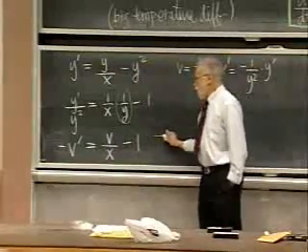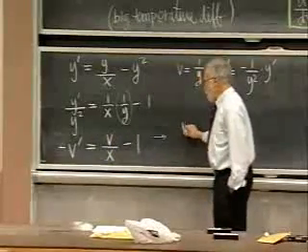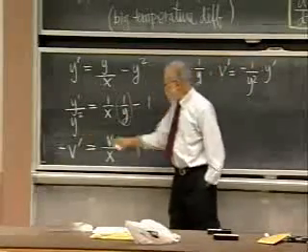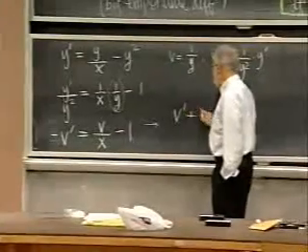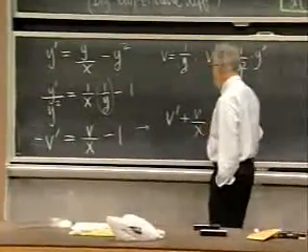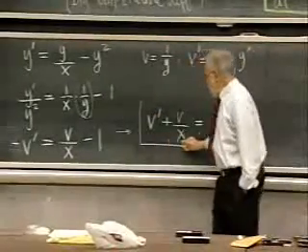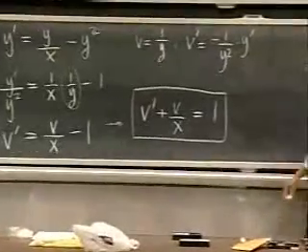So let's put that in standard form. In standard form, first imagine multiplying it through by negative 1 and then putting this term on the other side, and it will turn into v prime plus v over x is equal to 1. So that's the linear equation in standard linear form that we're asked to solve, and the solution isn't very hard.